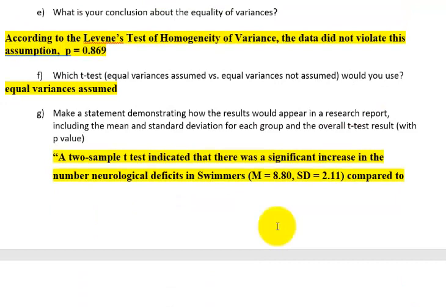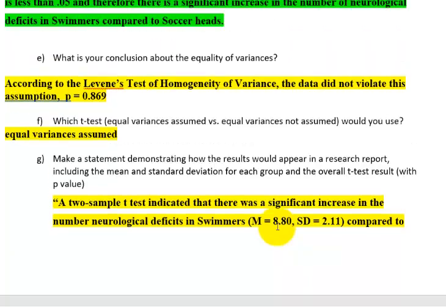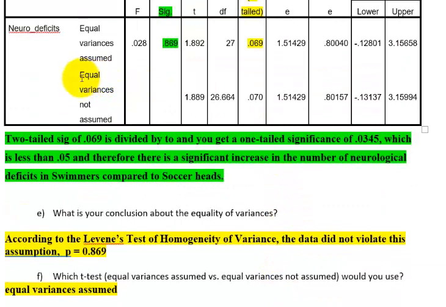If it was significant, then we would say equal variances were not assumed, and we use the bottom row in the box. But it wasn't, the data did not violate what we're looking at here, so you would use the top box.